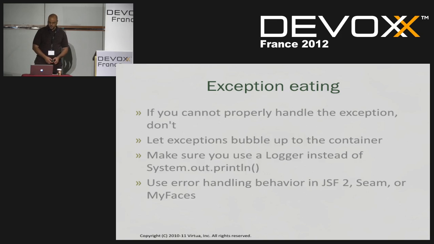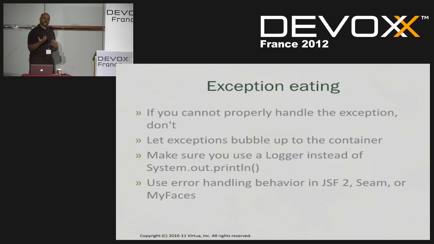So the general rule, if you cannot properly handle the exception, don't. This is actually one of the things I've come to dislike about Java: checked exceptions. This is one of the big language debates, whether you should have checked exceptions or not. For example, a lot of languages don't. C# doesn't. Most of the dynamic languages don't have checked exceptions.